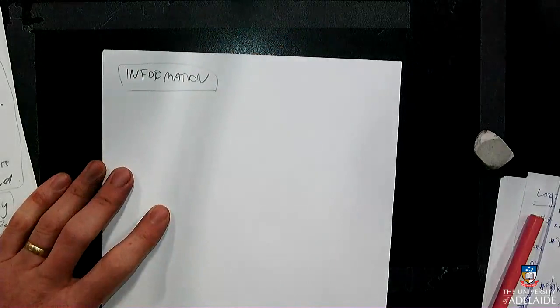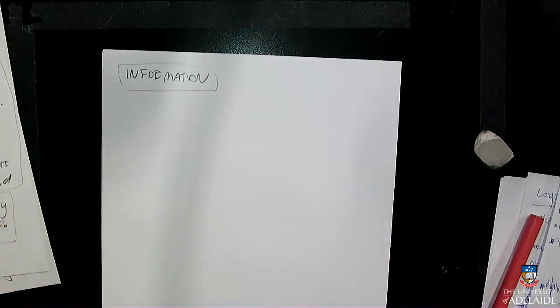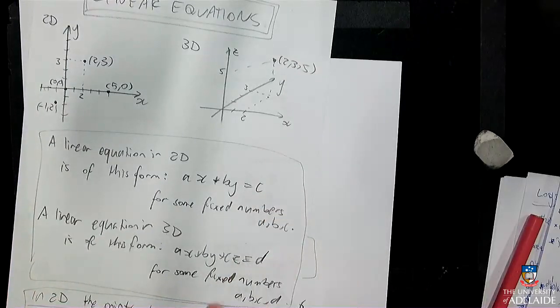So some information. We know that if we change the constant term, it works with planes as well, then the two lines or the two planes that you make when you do that are parallel. Now, they don't meet, but even better, they're the same slope.